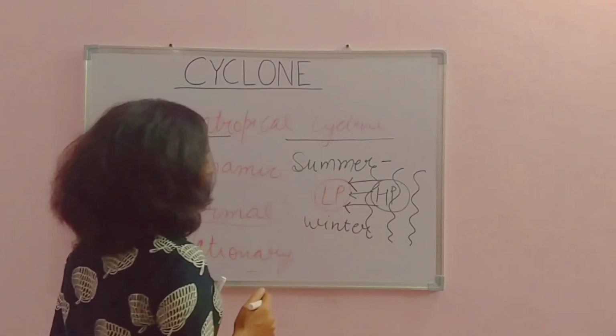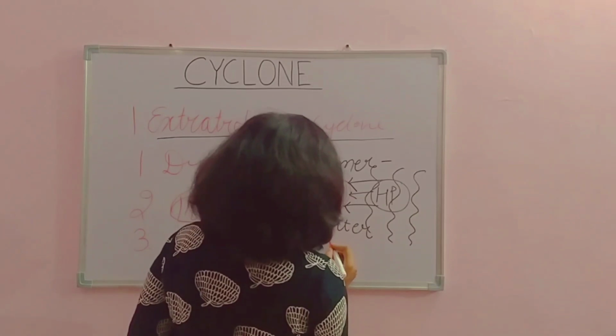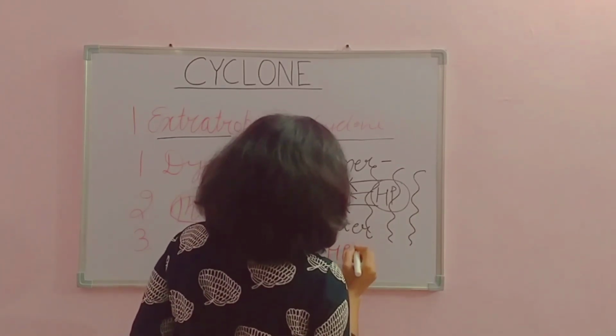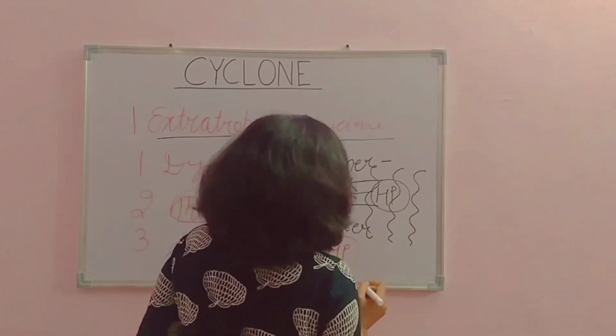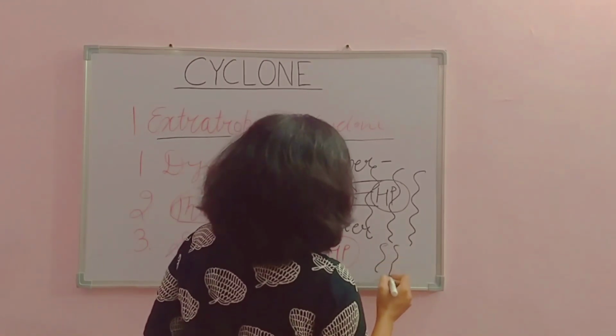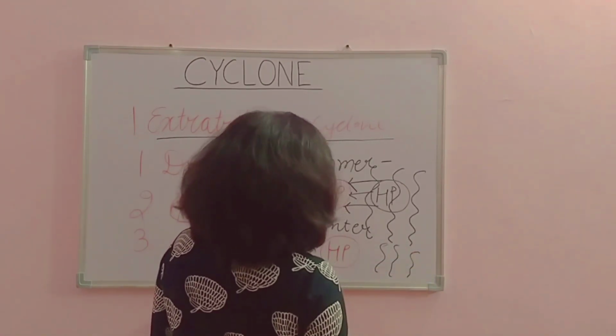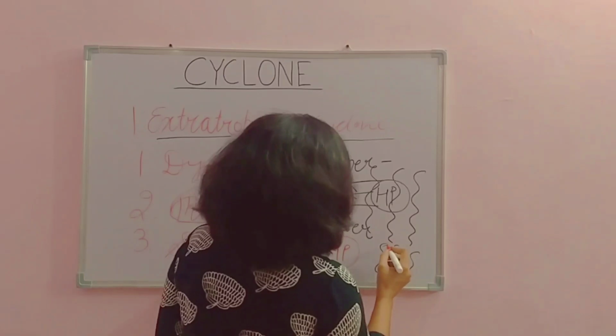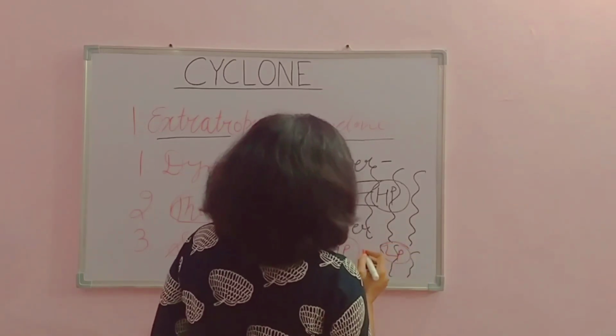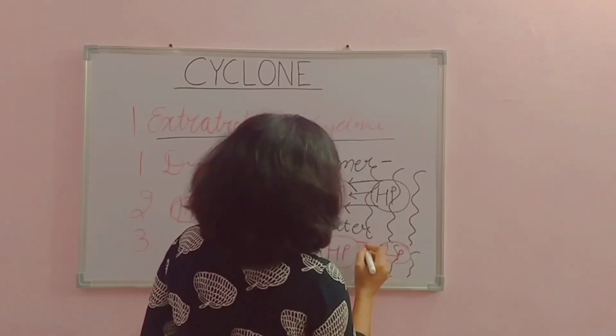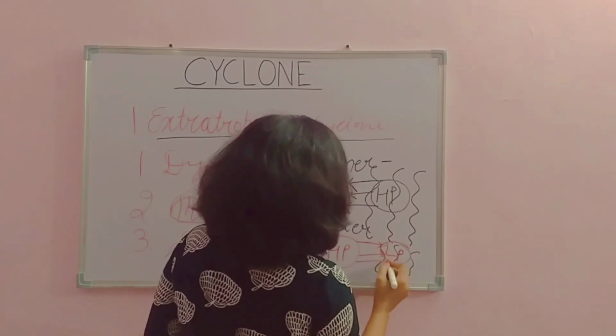And what is happening in winter time, the wind is reversed completely. Now continents are being cooled fast, so here high pressure is developed because of low temperature, and over ocean bodies the pressure developed is low. So now there is a tendency that wind moves from high pressure region to low pressure.